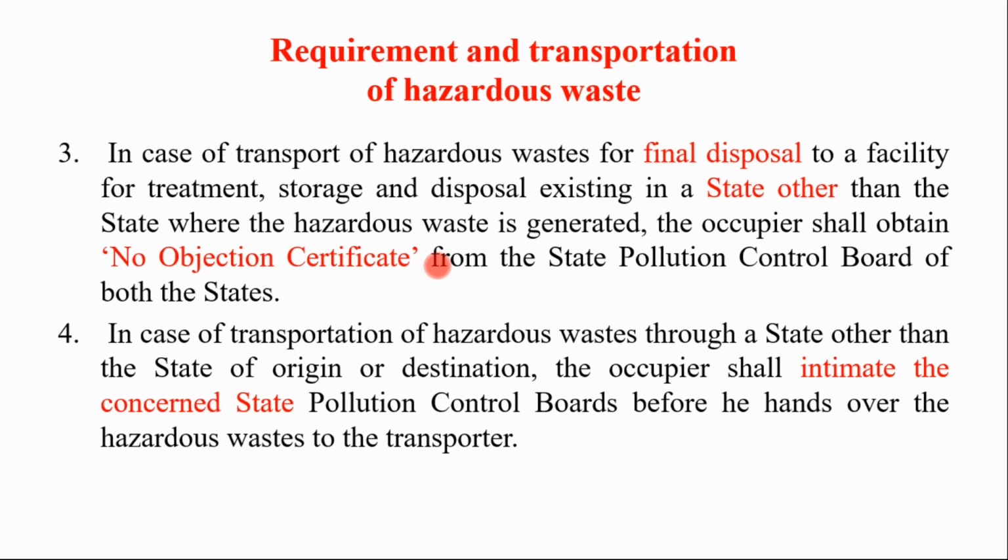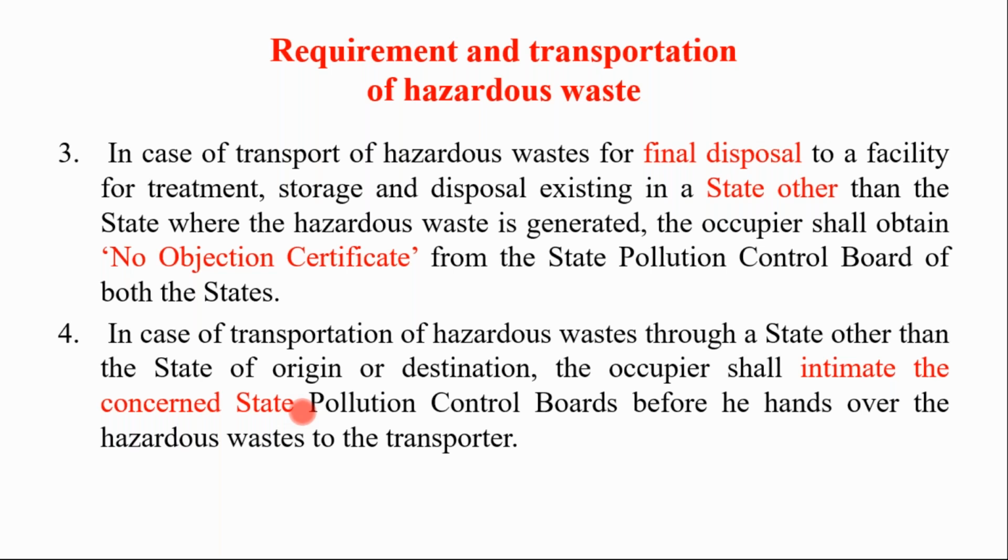If you are transporting or transferring this hazardous waste from one state to another for the final disposal. In case of transportation of hazardous waste through a state other than the state of origin or destination, the occupier shall intimate the concerned State Pollution Control Board.